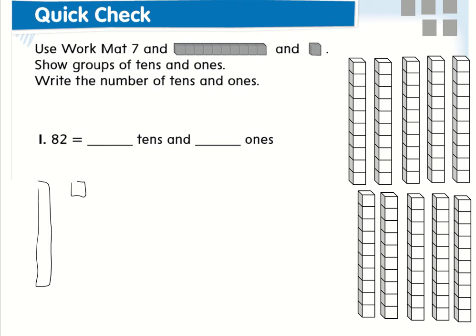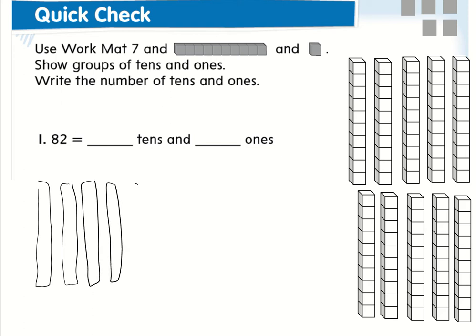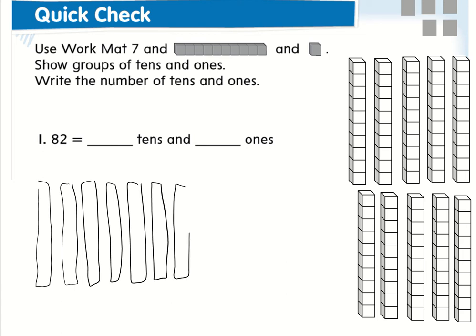When I put it into my little t-chart, I go 82, divide it up into my tens and ones. I know that I have 8 tens and 2 ones that I have to draw. So let's get started on that. So I have 1, 2, 3, 4, 5, 6, 7, and 8 right there.